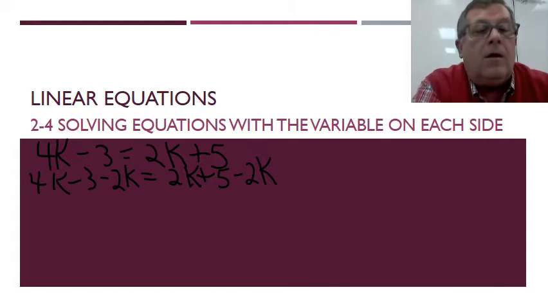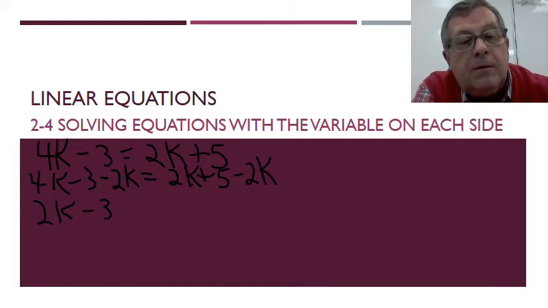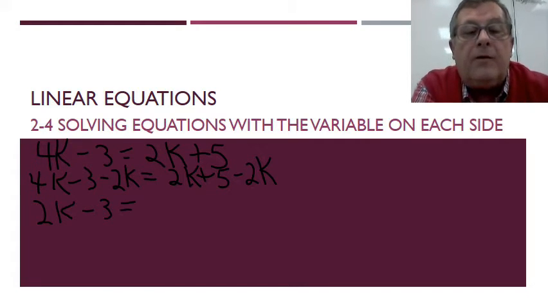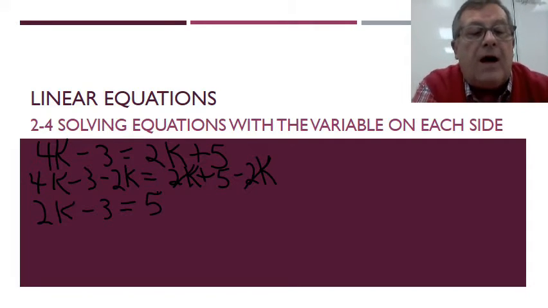Well, over here on my left-hand side, 4k minus 2k is going to give me 2k. I still got my minus 3 equals, and over here on my right-hand side, my 2k's are going to cancel out, and so I'm just left with 5.